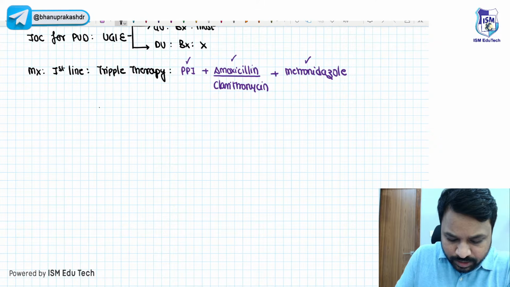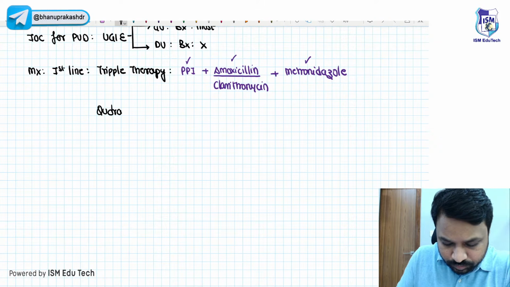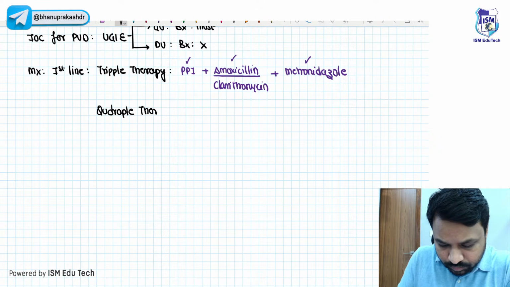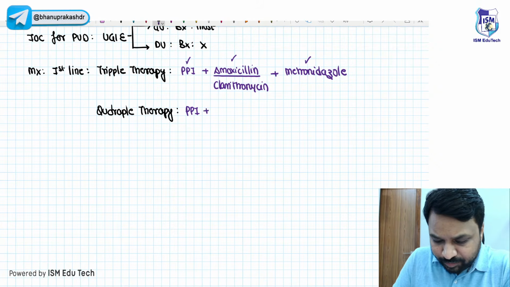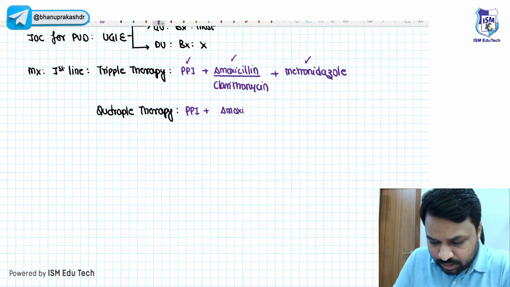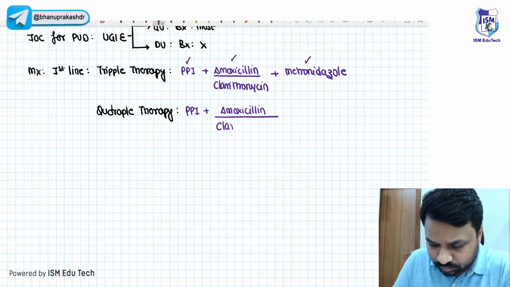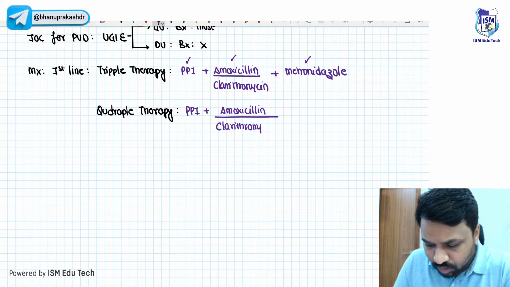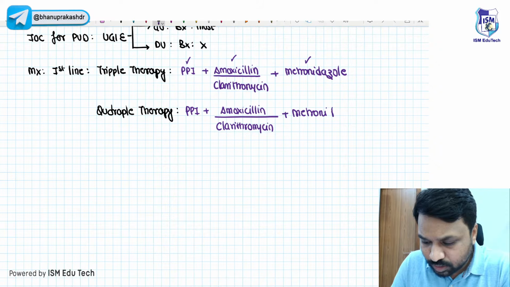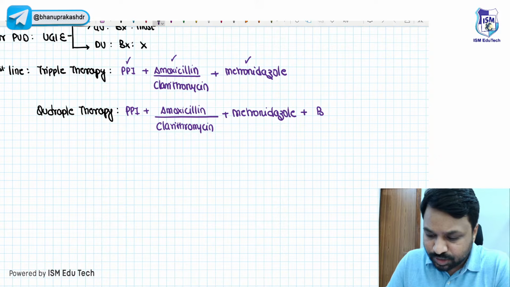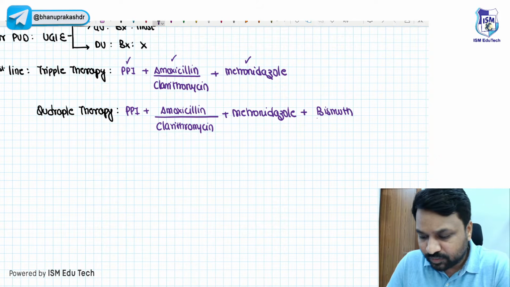Now there is a new therapy. We call it the quadruple therapy. In quadruple therapy, same, we will give PPI, amoxicillin or clarithromycin with metronidazole, with bismuth or sucralfate.